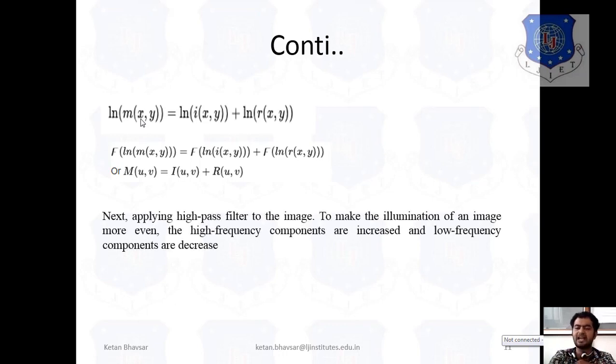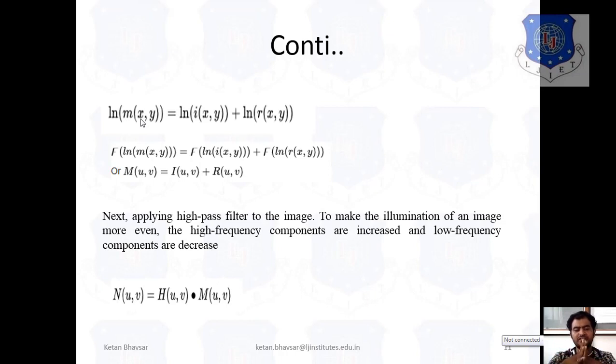So next, applying the high pass filter to the noise makes the illumination of the image more even: the high frequency component is increased and the low frequency component is decreased. So as you can see, if you increase the high frequency component, simultaneously your low frequency component is decreased gradually, and you can definitely get a much better result as compared to a simple filter.